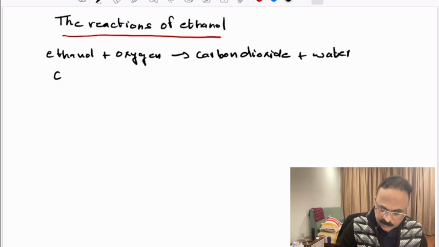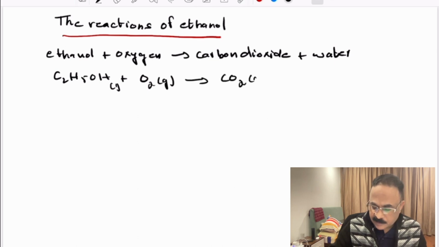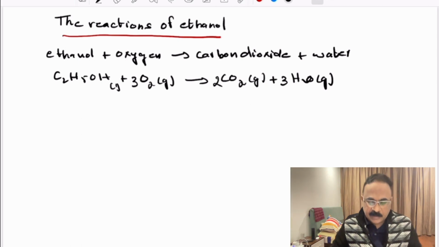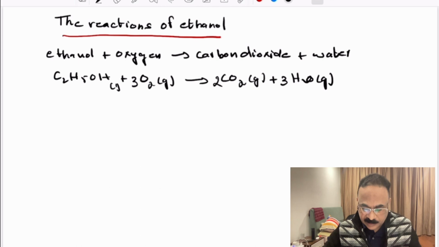So let's write down the equation: C2H5OH, which is a liquid, plus O2, a gas, gives carbon dioxide, a gas, plus water, H2O, which is a gas. Let's balance it. 3 over here, and then we have 3 here, and then we have 2 here. So that is balanced.